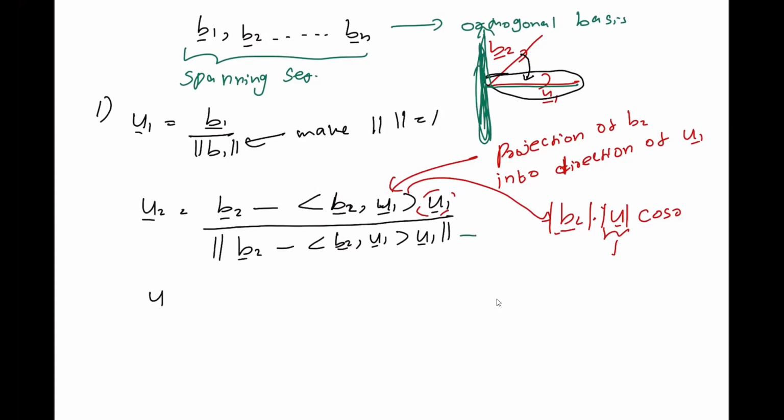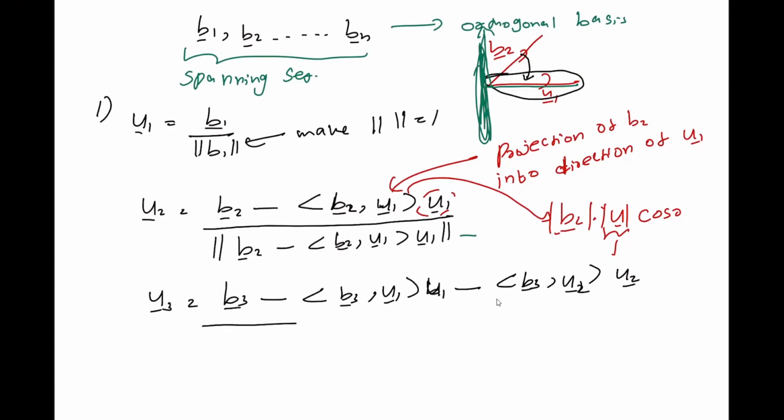Third step, or other steps: you get one vector and remove the projections. Now you have to remove the projection onto U1's direction and U2's direction, because you have two vectors now. So from B3 you remove the projection onto U1 and onto U2, and you divide by the norm of the whole thing.